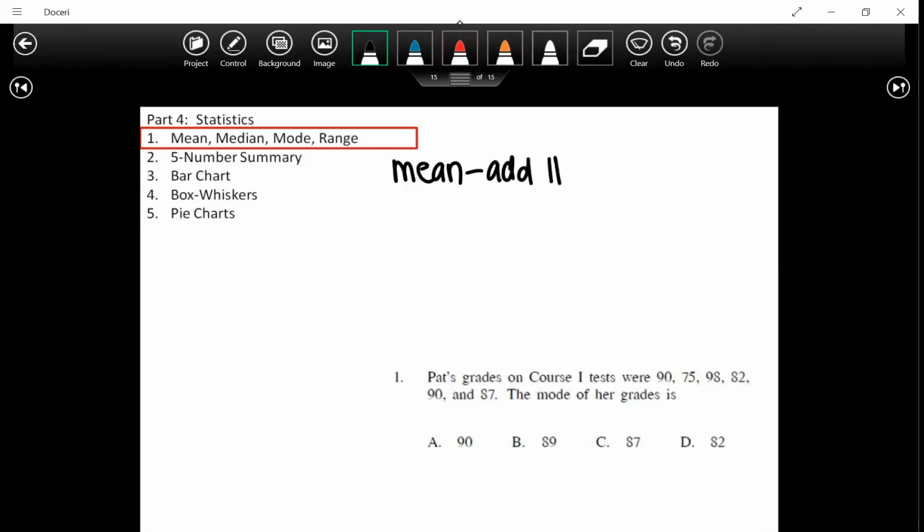I'm going to say, mean: add numbers up, divide by numbers added.